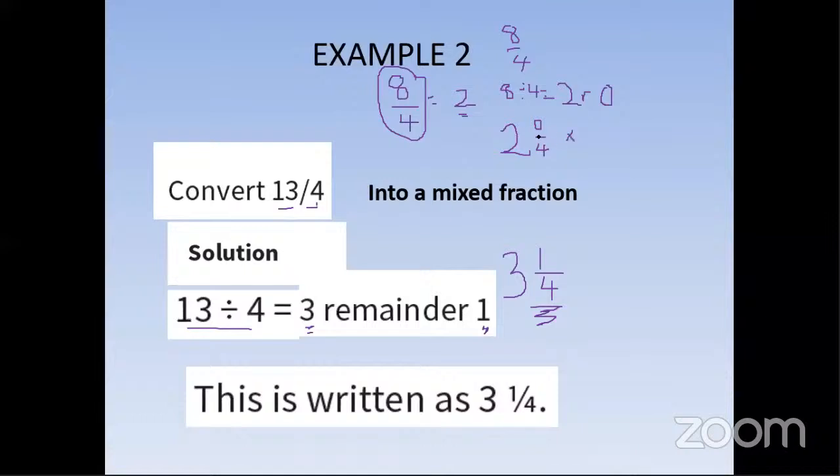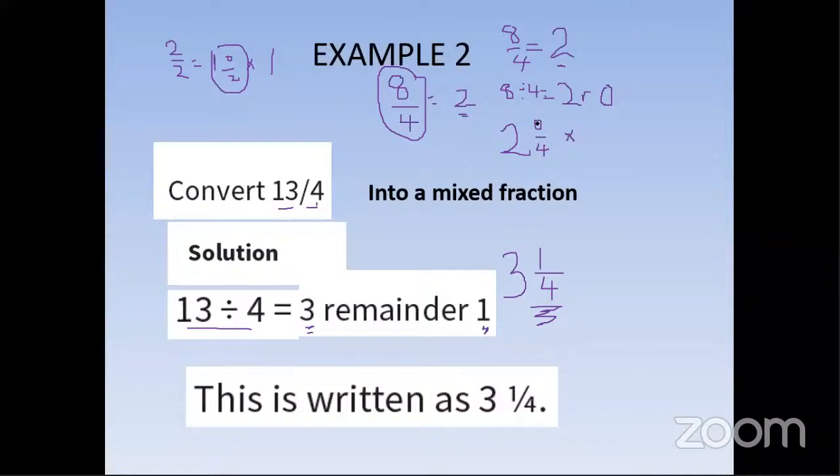Like for example, 2 divided by 2, your answer will be 1. You can't say 1 whole number, 0 out of 2. You just write your answer as 1. Here, you just write your answer as 2 whole numbers. You don't write it in this form.